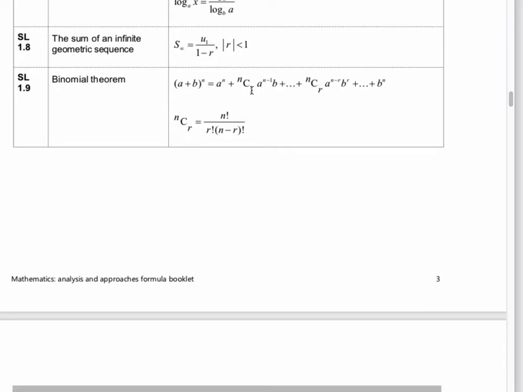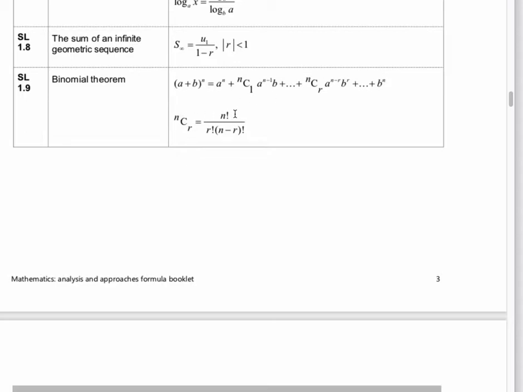Okay, that's another way of calculating the binomial coefficients as you saw in Pascal's triangle. And then we have a to the power of n minus 1, a to the power of n minus 2, and so on down to a to the power of 0. And the b's, as you can see here, is b to the power of 0 because there's nothing there. B to the power of 1, b to the power of 2, b to the power of 3, all the way up to b to the power of n.